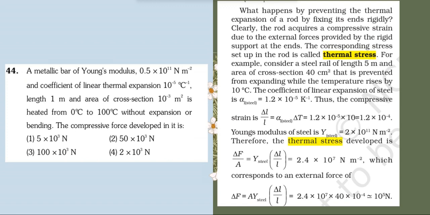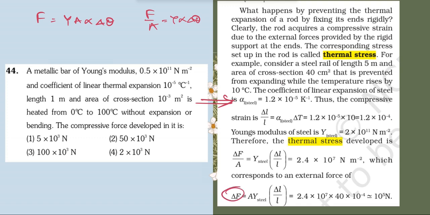Just look at this. This is based on compressive force. If you know thermal stress, then the compressive force will be equal to Y alpha delta theta, because compressive stress F by A is equal to Y alpha delta theta. A closest example is there in NCERT based on thermal stress.